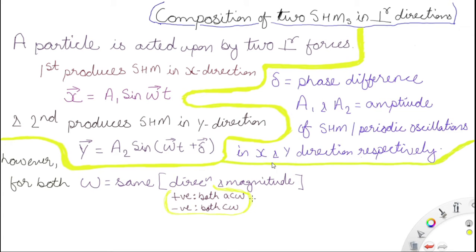So we are compositing two forces of this kind, means their direction is also the same and their magnitude is also the same. If Fx is anti-clockwise, then Fy is also anti-clockwise, and if Fx is clockwise, then Fy is also clockwise.